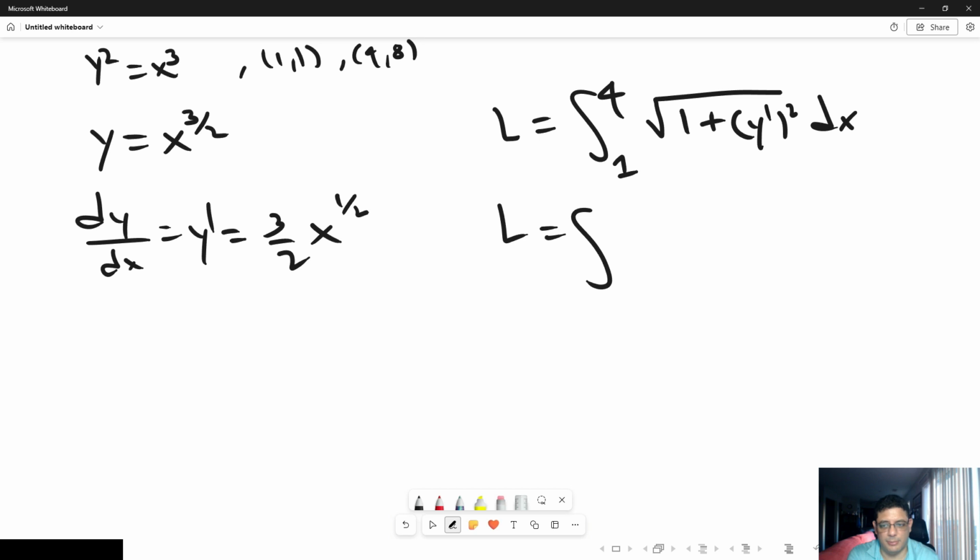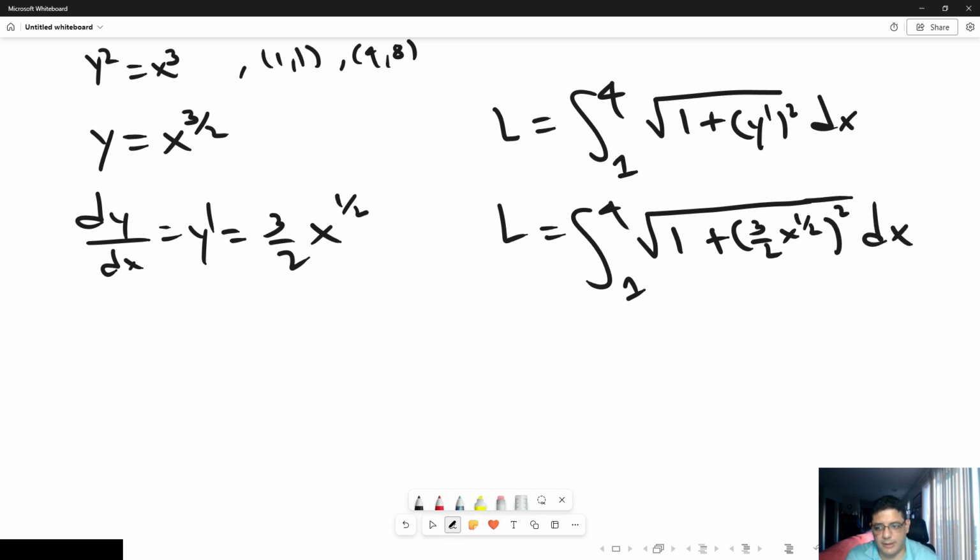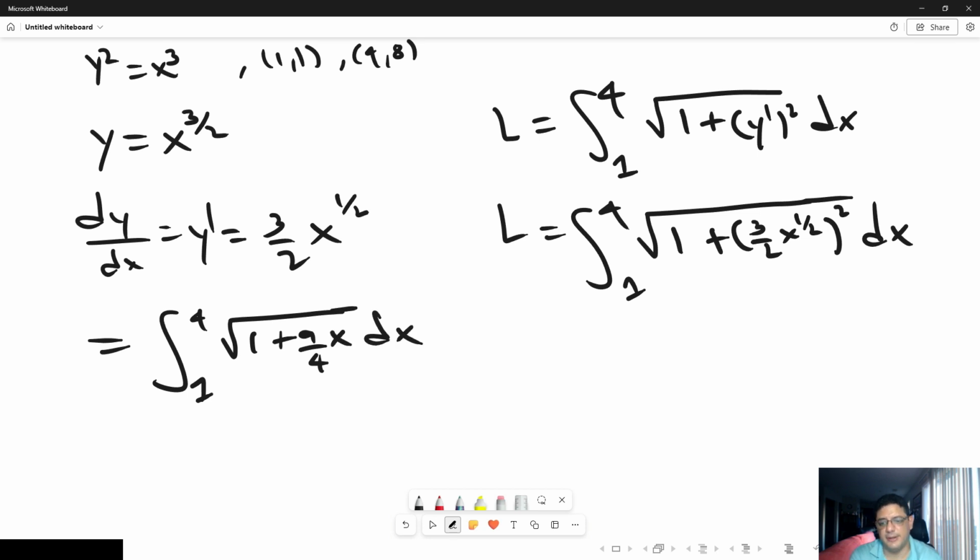Replacing what y prime is, this is 3/2 x to the 1/2, squared. So that is the integral from 1 to 4 of the square root of 1 plus, and then x to the 1/2 cancels with the square, so it's an x, and this becomes 9 over 4 x, dx.